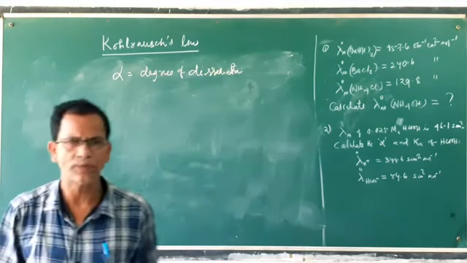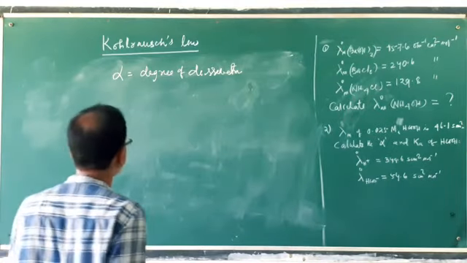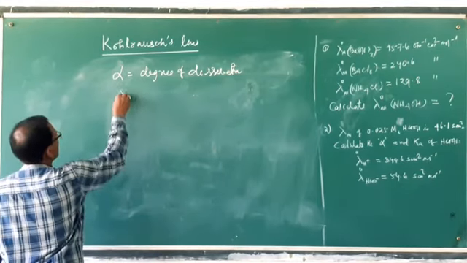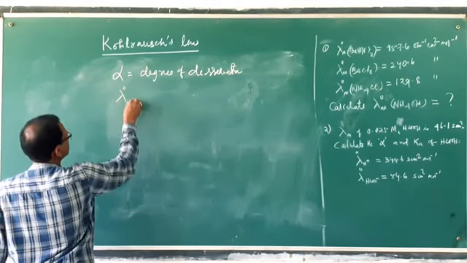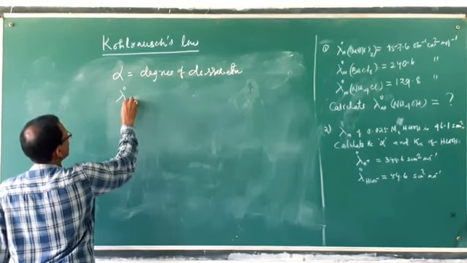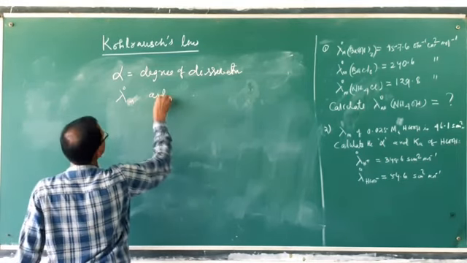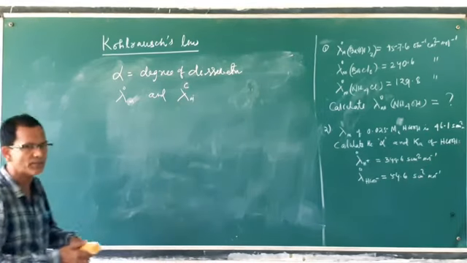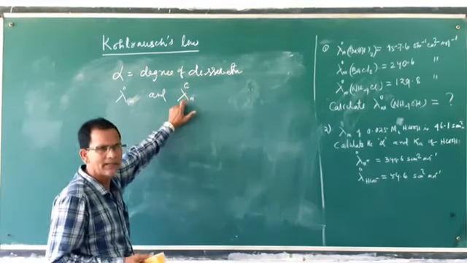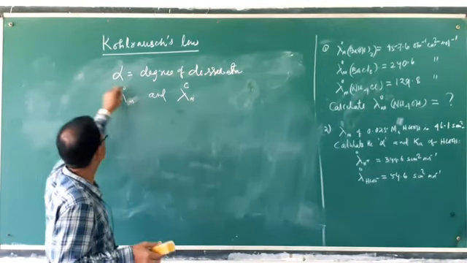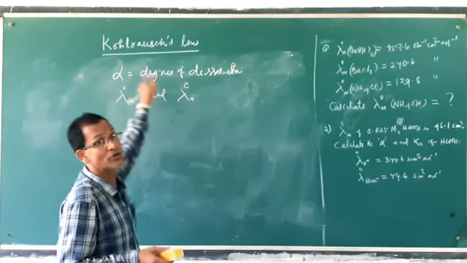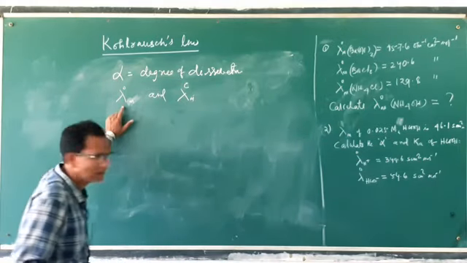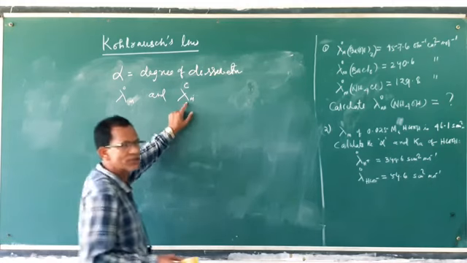Degree of dissociation of any electrolyte can be calculated by knowing lambda naught value and lambda m at a particular concentration. What is the meaning of C? Here C indicates a given concentration, but 0 indicates zero concentration, meaning excess dilution. This is the excess dilution value, and this is a particular concentration.